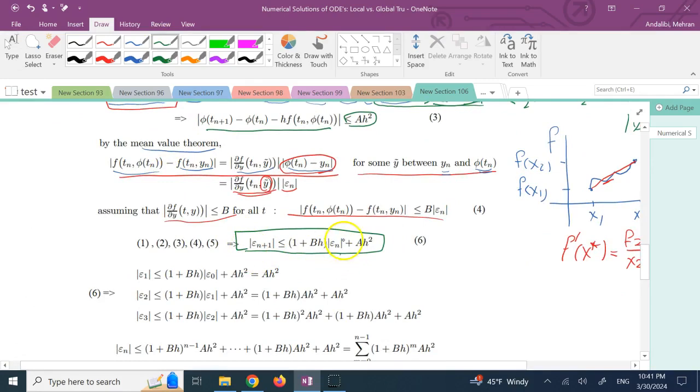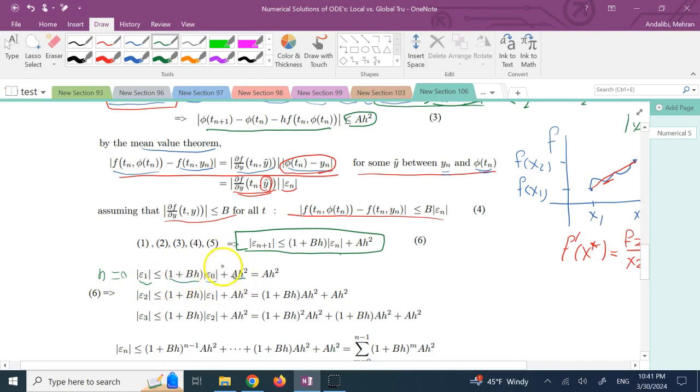So now let's expand this formula for a bunch of different n's, see what we get. So first we write it for n equals 0. If we write it for n equals 0, we'll see the absolute value of epsilon 1 is less than or equal to 1 plus bh, absolute value of epsilon 0, plus ah squared.